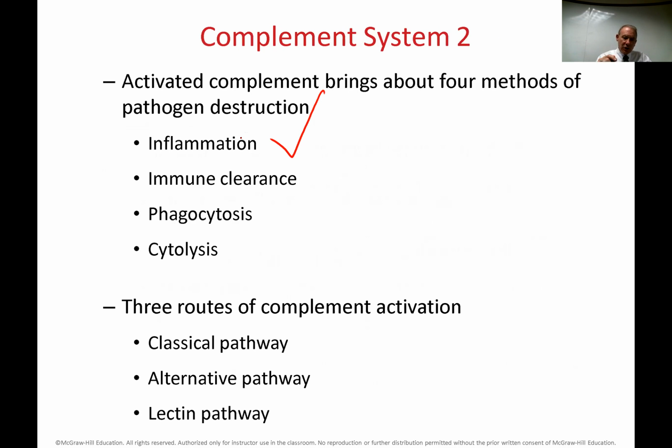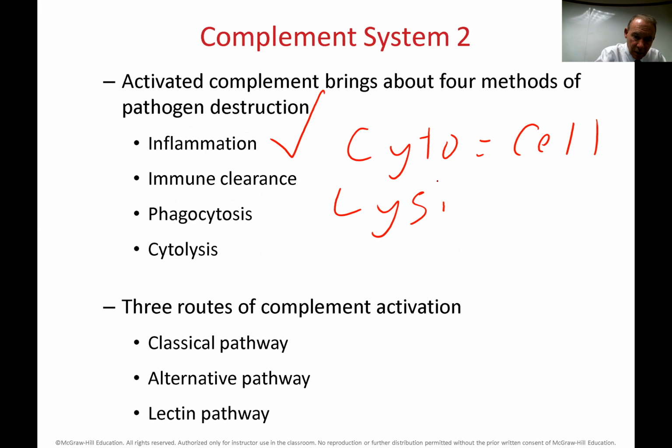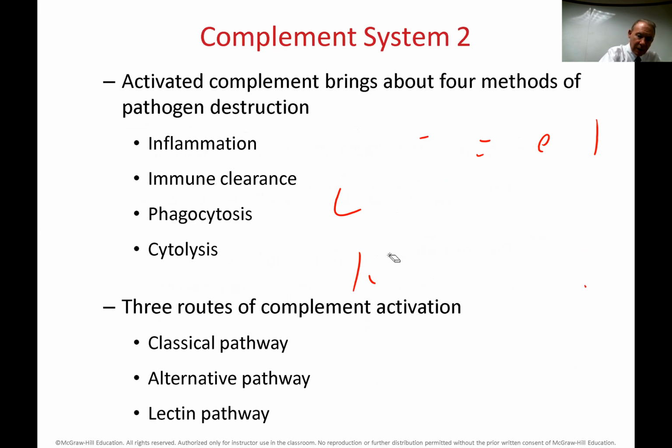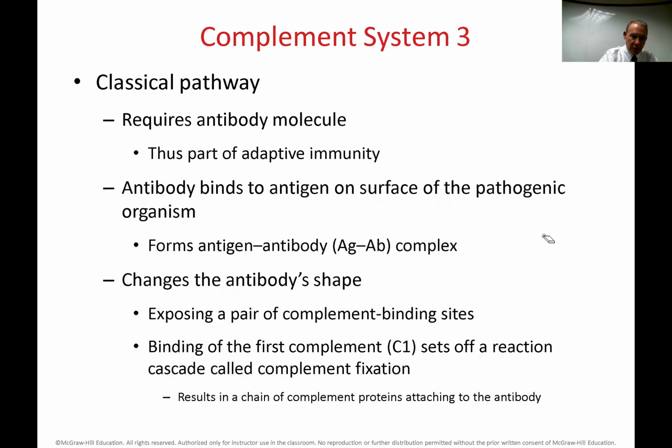And cytolysis. Cyto, cell, lysis, break apart, kaboom, right? We saw that with the immune system. There's different ways to activate complement. I'm not going to discuss that, but complement are circulating proteins in the immune system that help destroy pathogenic, meaning disease-causing microorganisms.